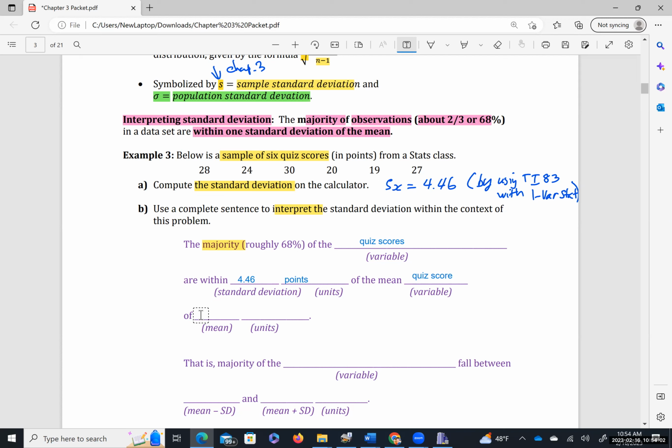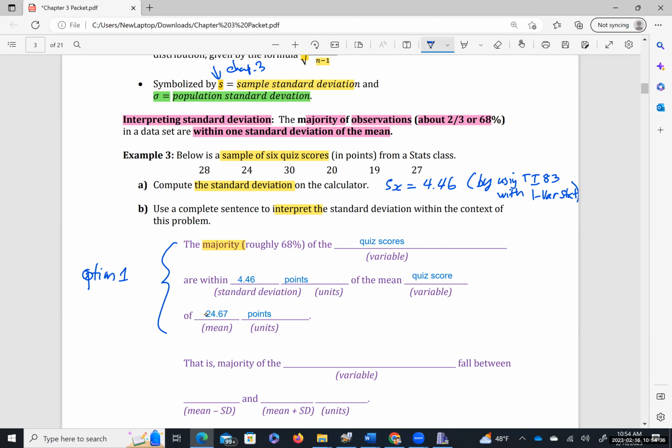And what's the mean value? I forgot. It was 24.67, right? So this is option number 1 to say.